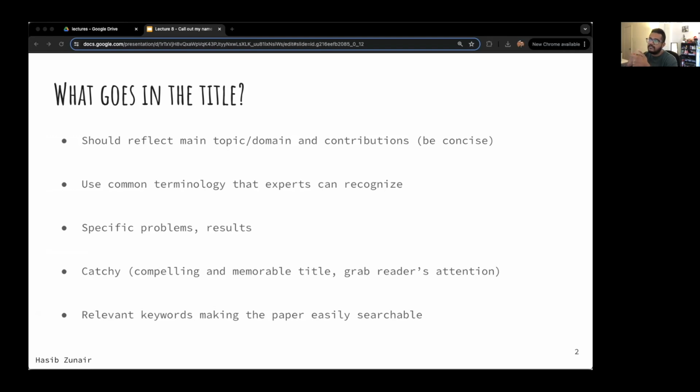So you could highlight those in the paper title as well to show the readers that you are addressing those specific problems. And it's also a good idea to make your title a little bit catchy in the sense that it would be compelling and a memorable title that could easily grab the reader's attention. And always you would want to use relevant keywords that would make your paper easily searchable on the internet.